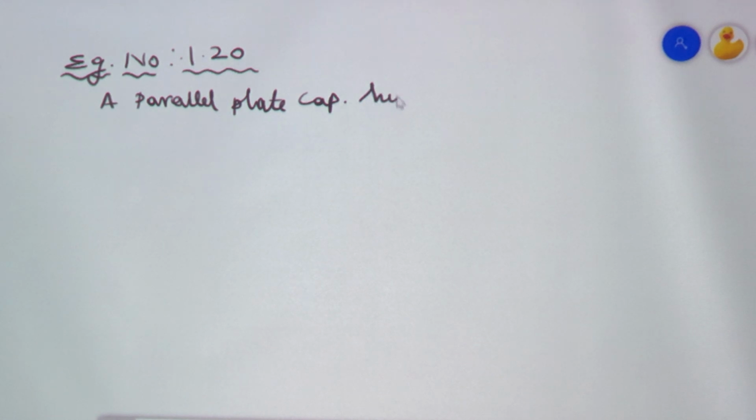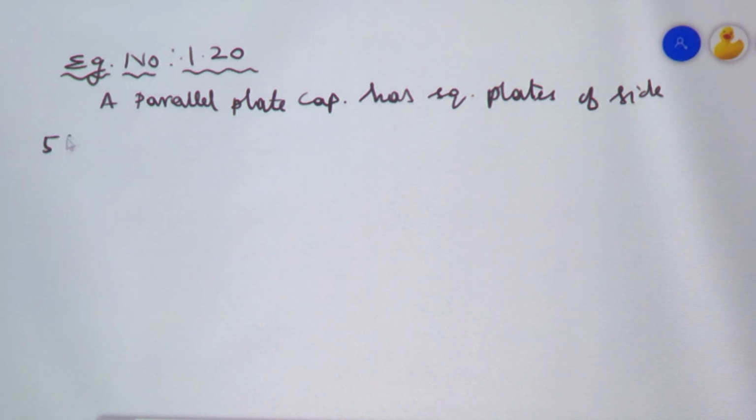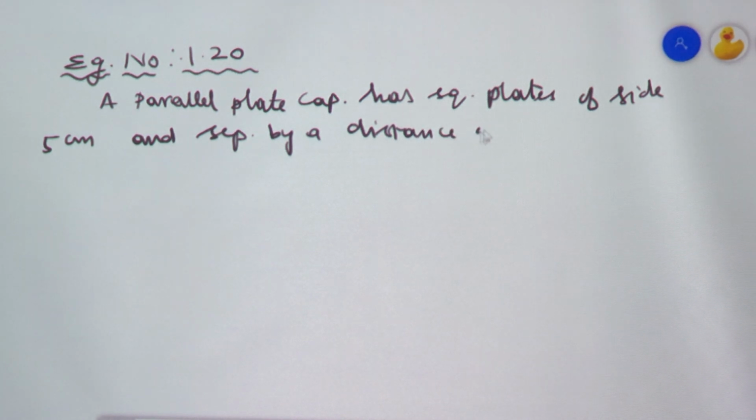A parallel plate capacitor has square plates of side 5 centimeter, and the plates are separated by a distance of 1 millimeter.